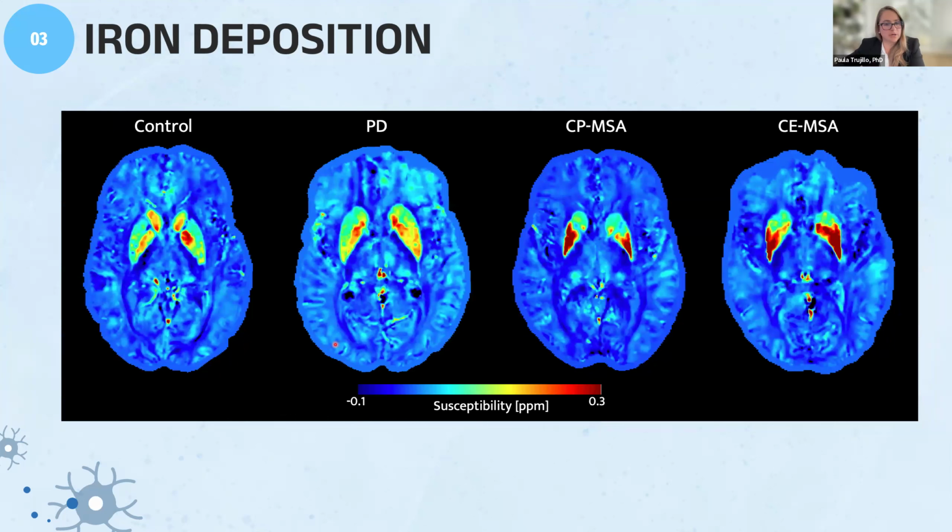Here are some examples of QSM images from a control patient, a patient with Parkinson's disease, and patients with different stages of MSA. The higher the susceptibility values, the more iron there is. So the areas that are red in these images are areas that have more iron content.